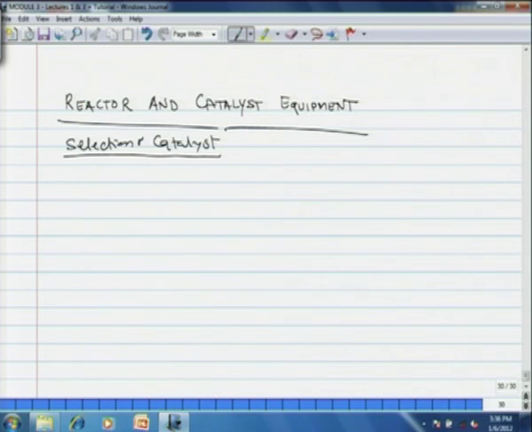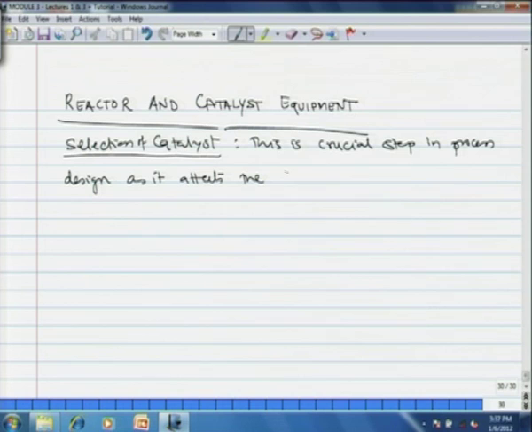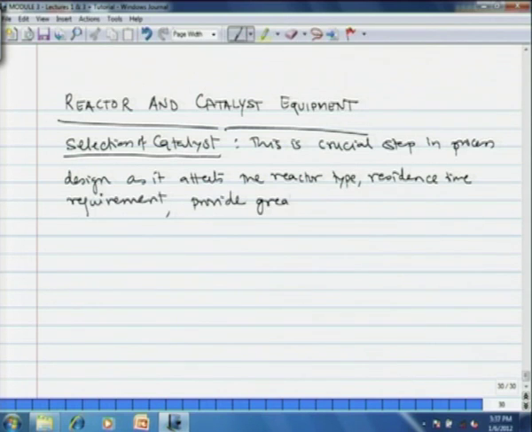Selection of catalyst. This is a crucial step in process design, as it affects the reactor type, residence time requirements, provides greater selectivity, and finally, all of these affect the capital and operating cost.